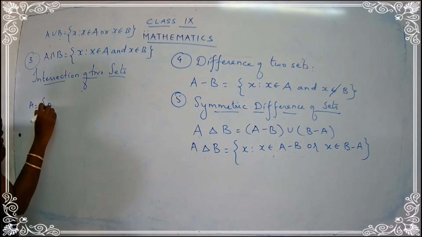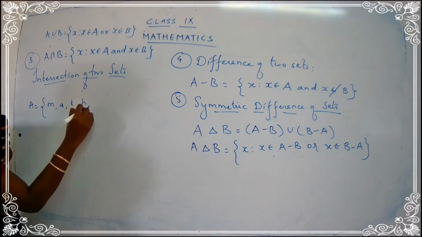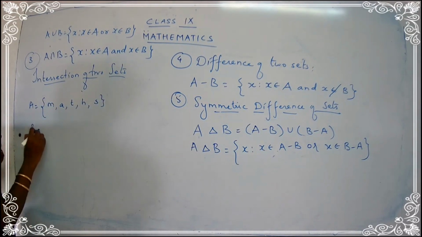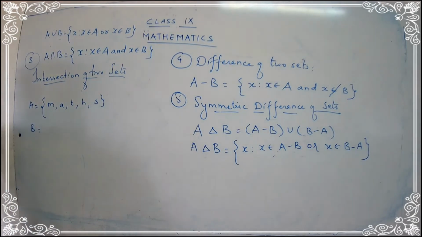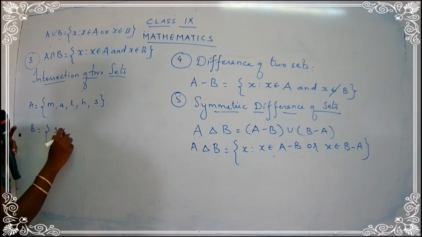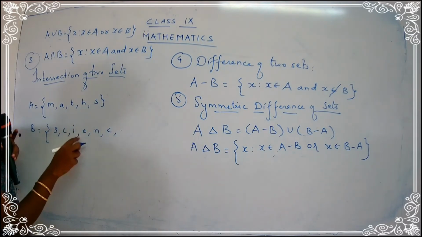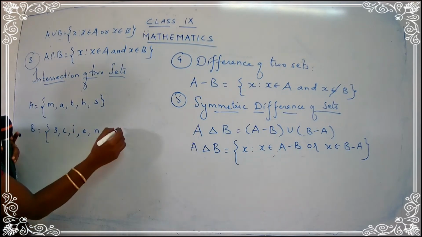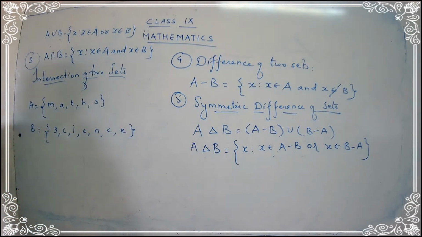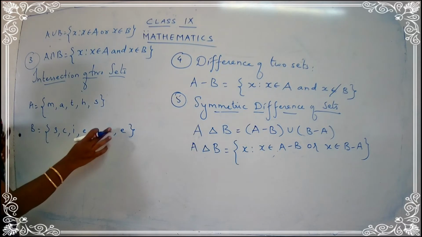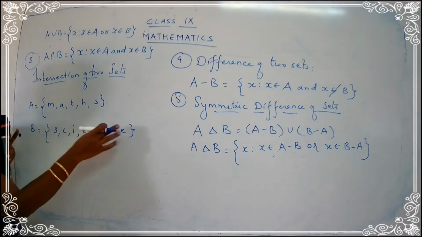Okay, I'll take A as MATHS. And B is science, S-C-I-E-N-C-E. But I should not repeat C and E. This is the spelling for science, but C is repeated, so I cannot write C again. E is repeated, so I should not write E again.